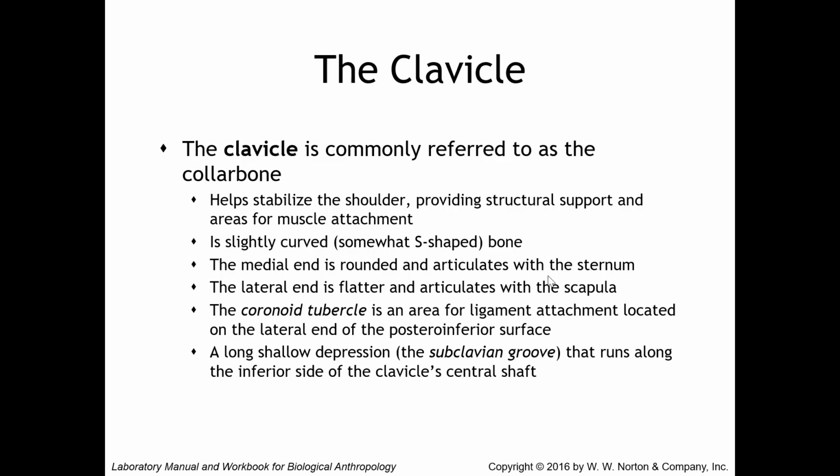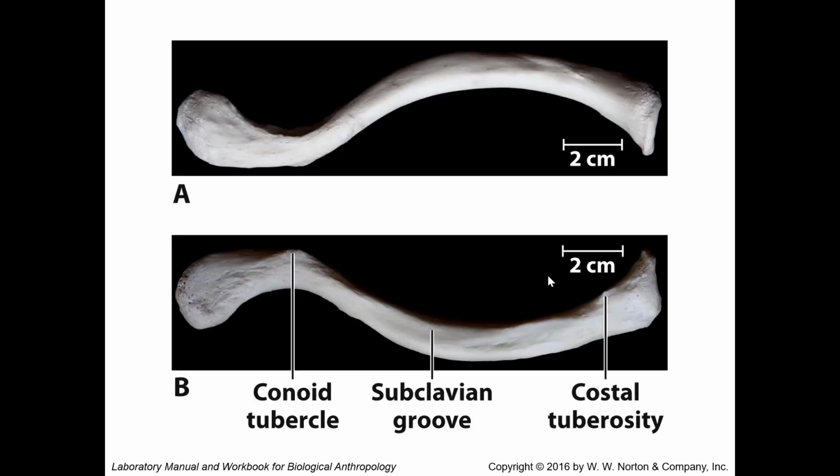So if we look at this image, you're going to see here the clavicle, and you've got the conoid tubercle, the subclavian groove, as well as a costal tuberosity. So here it is.